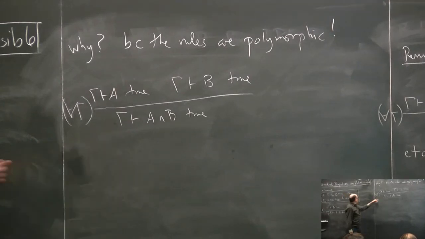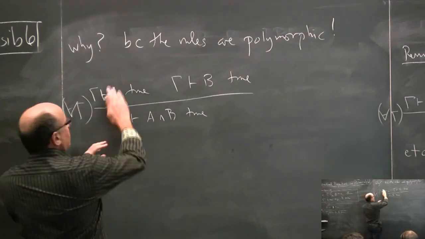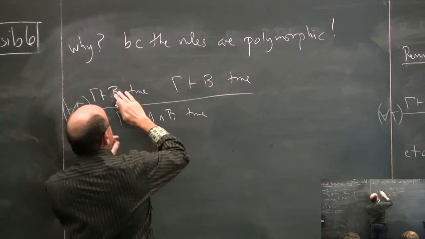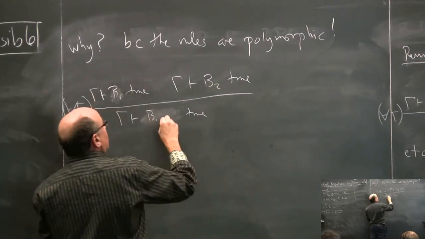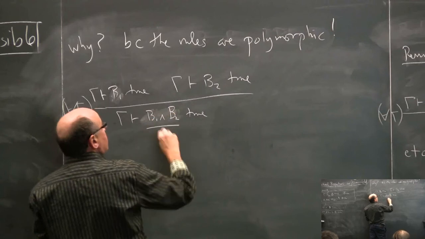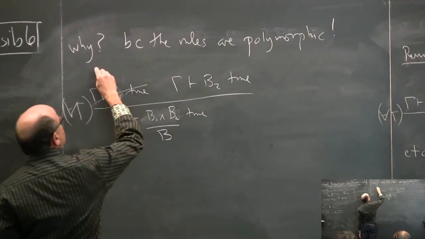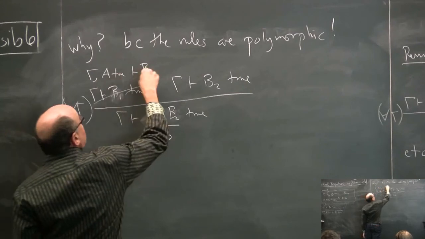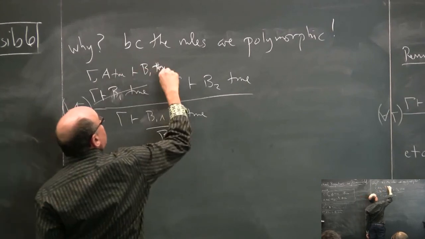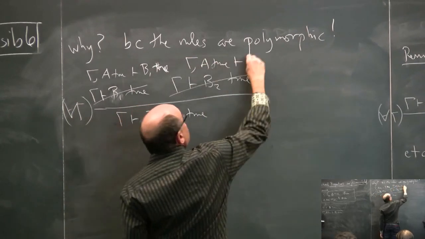So if I derived my conclusion, let me redo the lettering to make it look nicer. Let's call the premises B1 and B2, because that's my B. So what I get to do is, inductively, weaken this to gamma, A true gives me B1 true, and inductively weaken this to A true with B2 true.